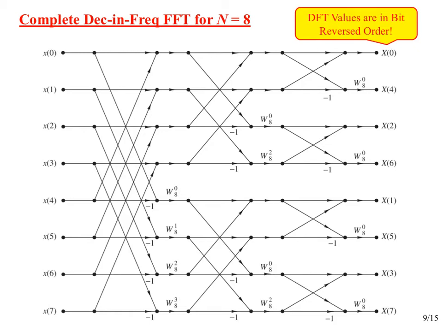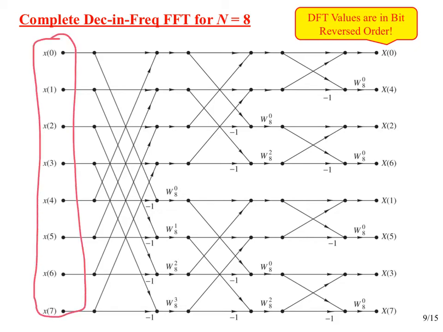You'll notice the distinction here, but be careful, it's not just about the ordering of the inputs. It's about how the algorithm was designed that makes the distinction between decimation in frequency and decimation in time. But following this the way that we have so far, we have the input array in order and the output array in bit reversed order.